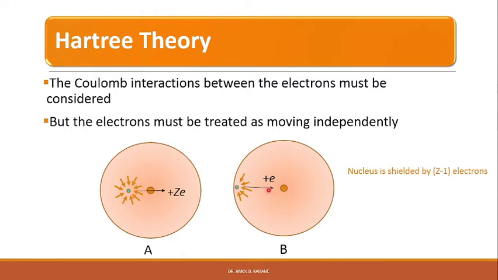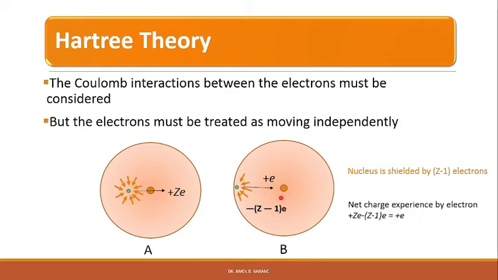So when this electron sees the nucleus, the nucleus of charge plus Ze is shielded by Z-1 electrons. These Z-1 electrons have charge minus Z-1 e. So this electron will feel that the nucleus is shielded by these Z-1 electrons, and therefore the plus Ze charge of the nucleus minus the Z-1 e charge of the other electrons will give a net charge experienced by the electron, that is plus e.